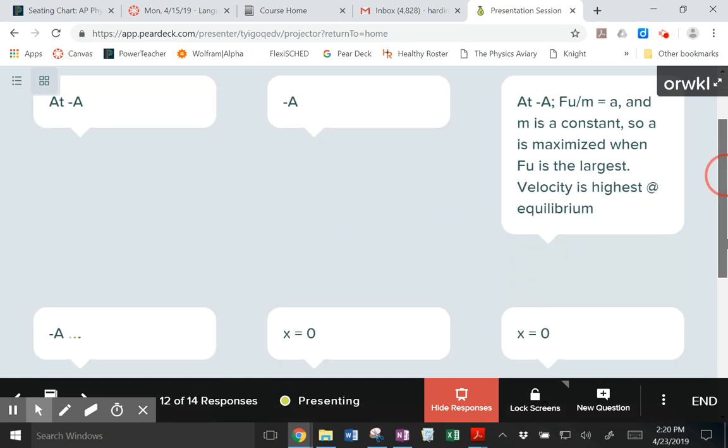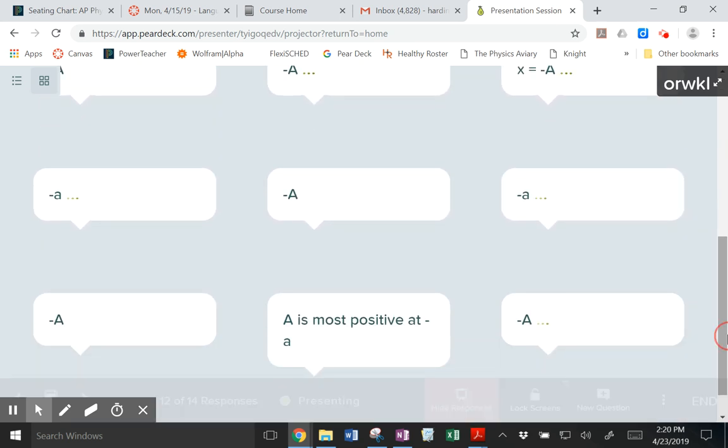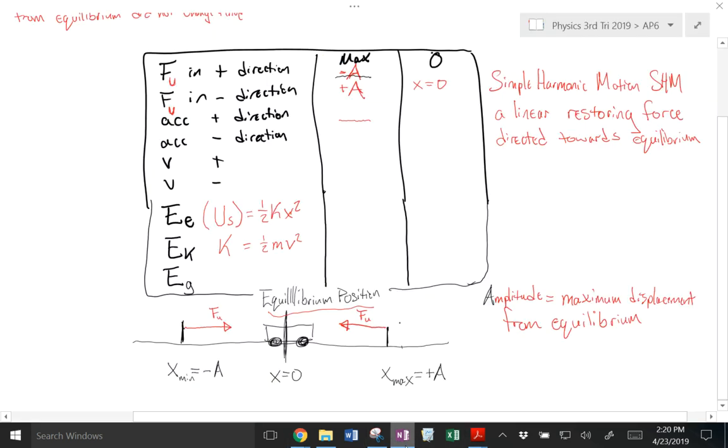Negative A, negative A, negative A, negative A, x equals negative A. Yeah. Negative A. Why? Because F-net is the greatest, and that's where acceleration is going to be the greatest because there's that whole relationship there, right? F-net equals ma. Mass is not changing.